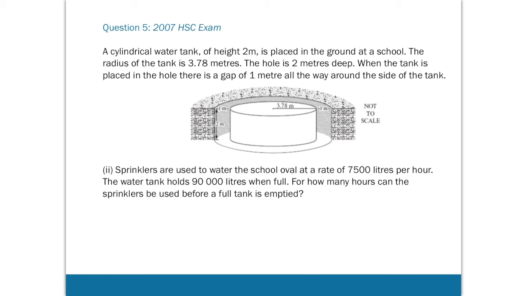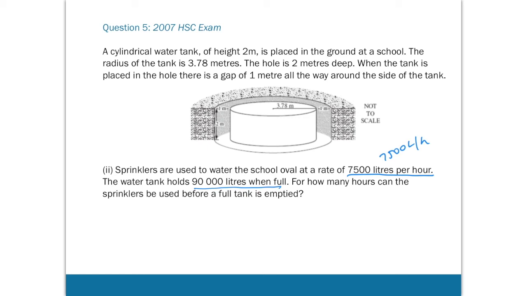Sprinklers are used to water the school oval at a rate of 7,500 litres per hour. The water tank holds 90,000 litres when full. For how many hours can the sprinklers be used before a full tank is emptied? So this one's pretty easy. All we have to do is work out how many hours it takes for 7,500 litres to make up 90,000 litres.